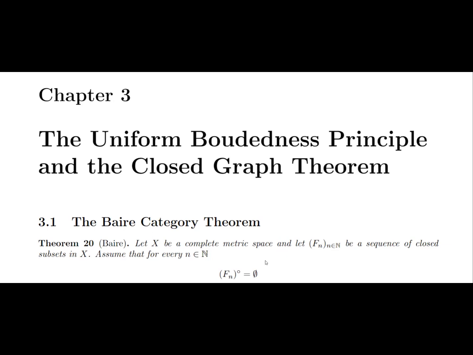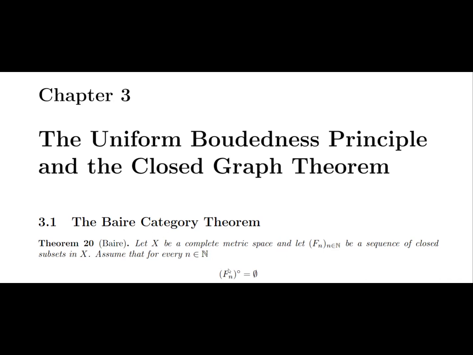Or, for example, if you have R^n with n greater than 1, a single line. You take a closed single line with the bounds, and it's closed, but its interior is empty.